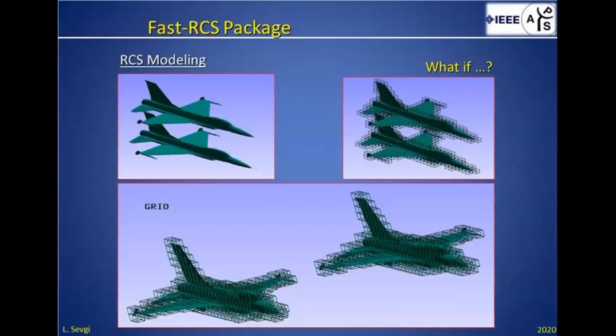So one beauty of the numerical packages is that you can play with them with what-if type games. What if I have two aircrafts? What if they fly side by side? What if they fly one on top of the other?